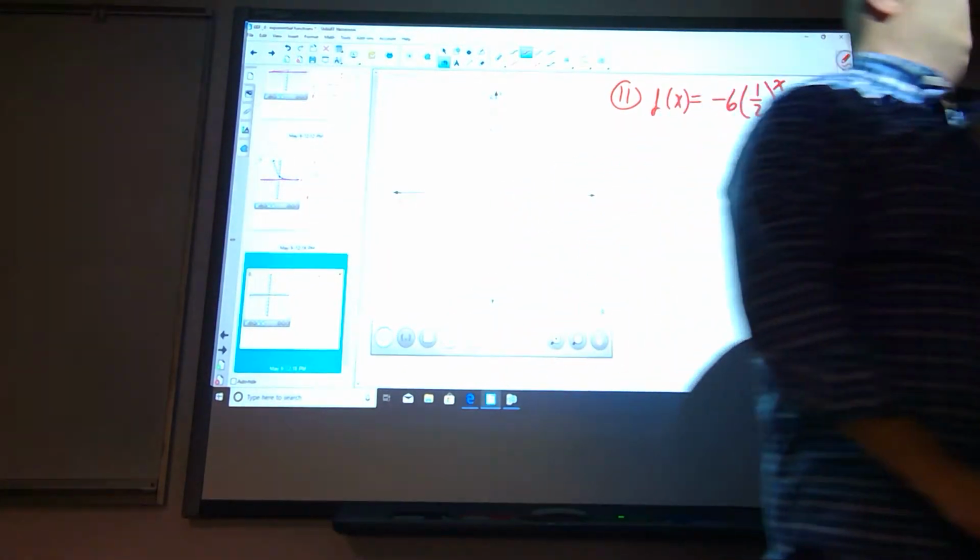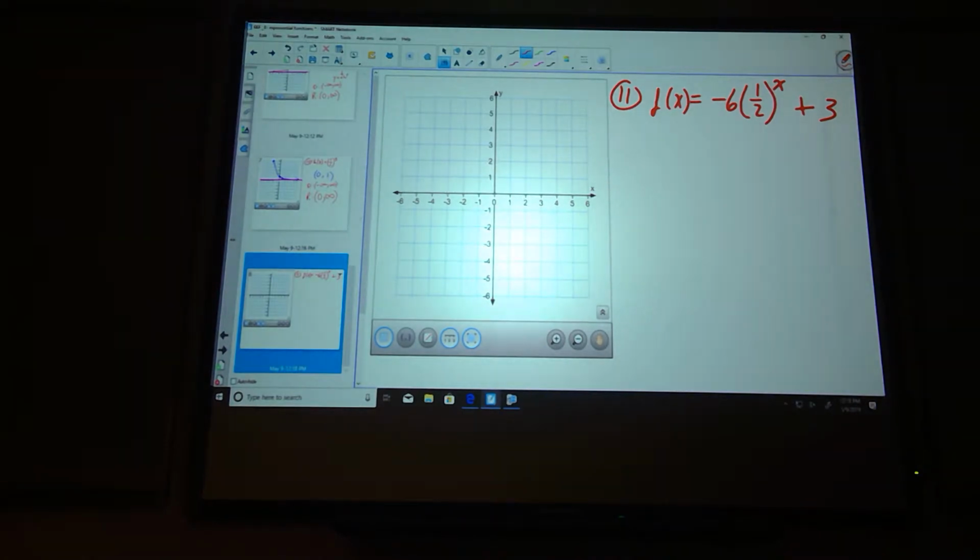So just take a look at this one. Does it appear to be slightly different than what we've been working with? Yeah. What appears to be a little bit different? The 3. Okay? So I'm adding something to it. Remember we talked about the asymptote before? Where was the asymptote on the last two problems? 0.